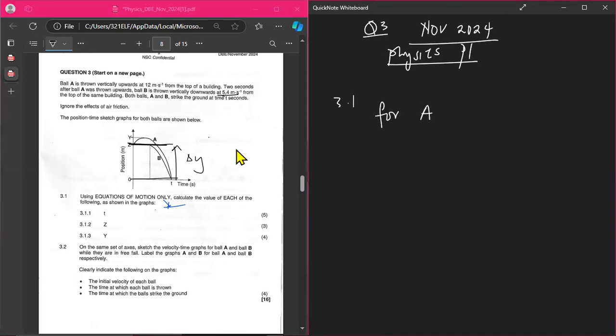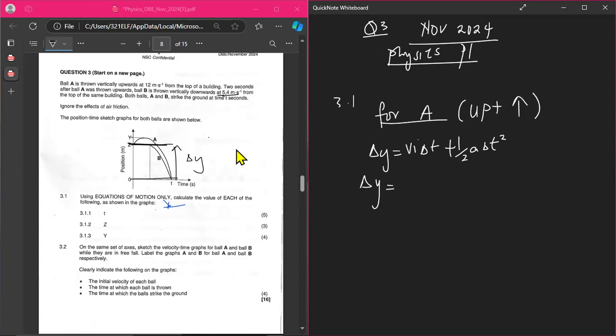So for A, I'm going to have delta y equal to v_i delta t plus 1 over 2 a delta t squared. I will call delta t for A just delta t. My delta y will finally be equal to, since it's A, I'm going to remember to take direction up as positive.